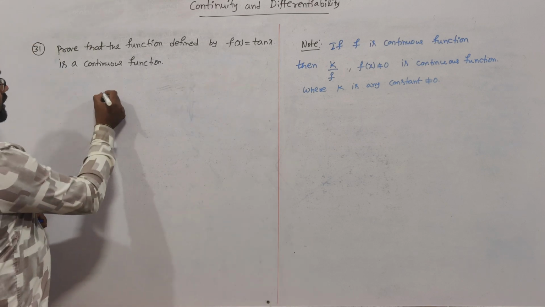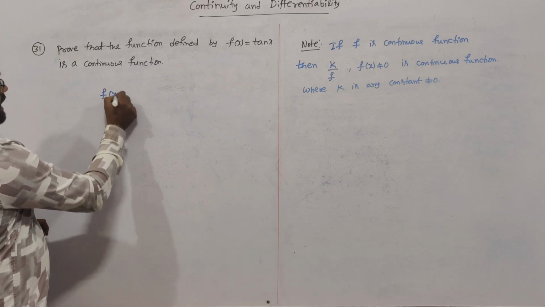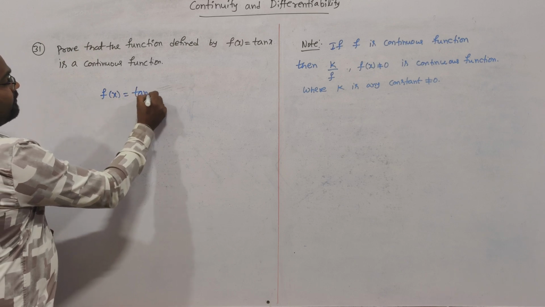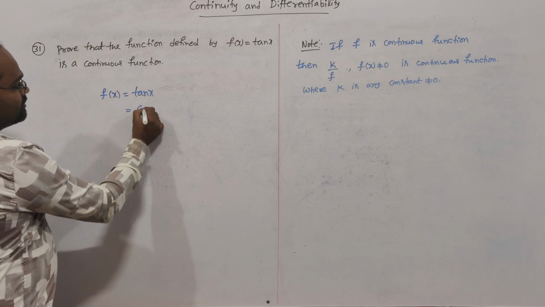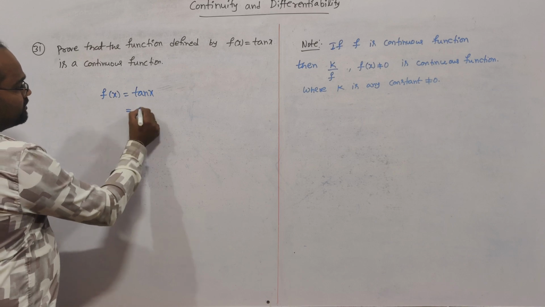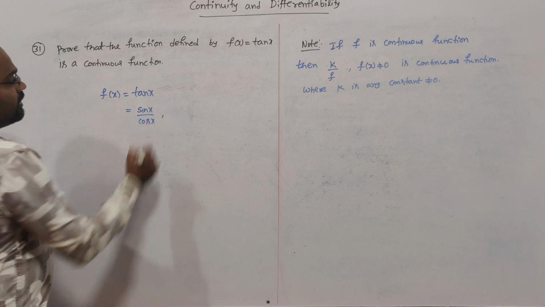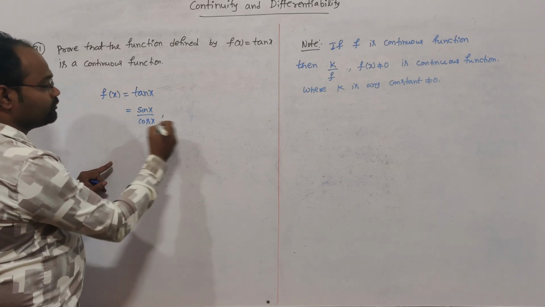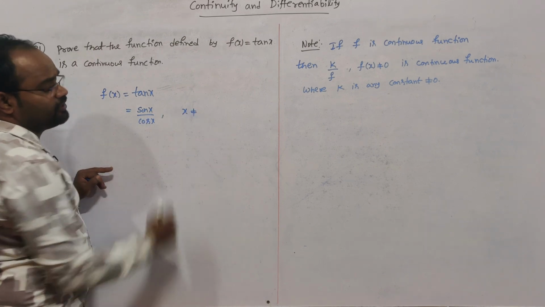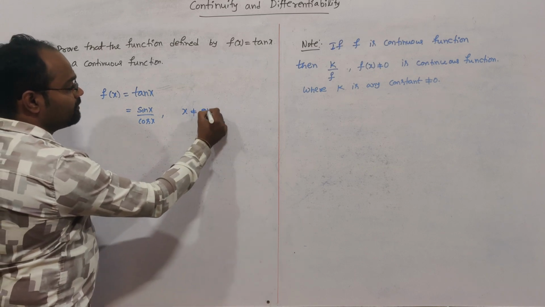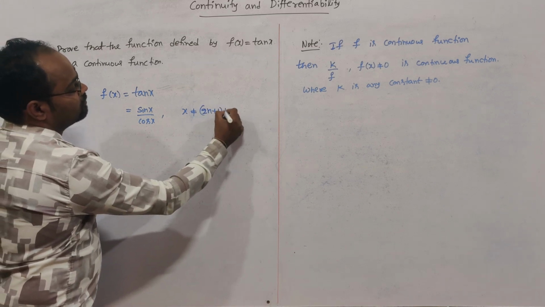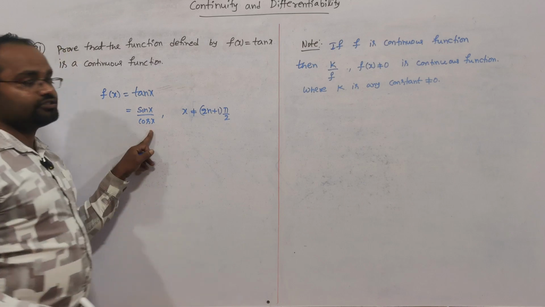So how to write it? f of x is equal to tan x. Tan x can be taken as sin x by cos x, and we know that the denominator should not be 0, that is, x should not be equal to odd multiples of pi by 2, because the denominator would be 0.